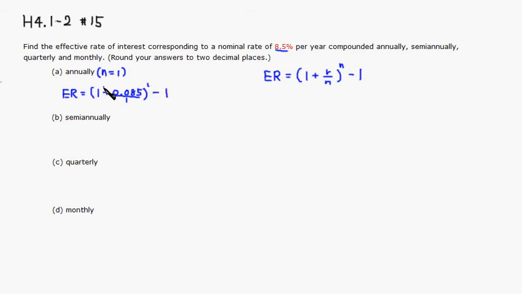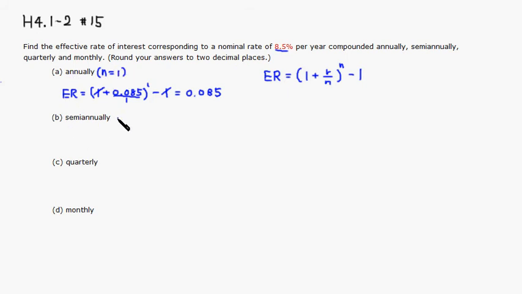We don't really need a calculator, because the 1 minus 1 cancels out. So what you get is 0.085. This is the effective rate, which is the same as the annual nominal rate because N equals 1.